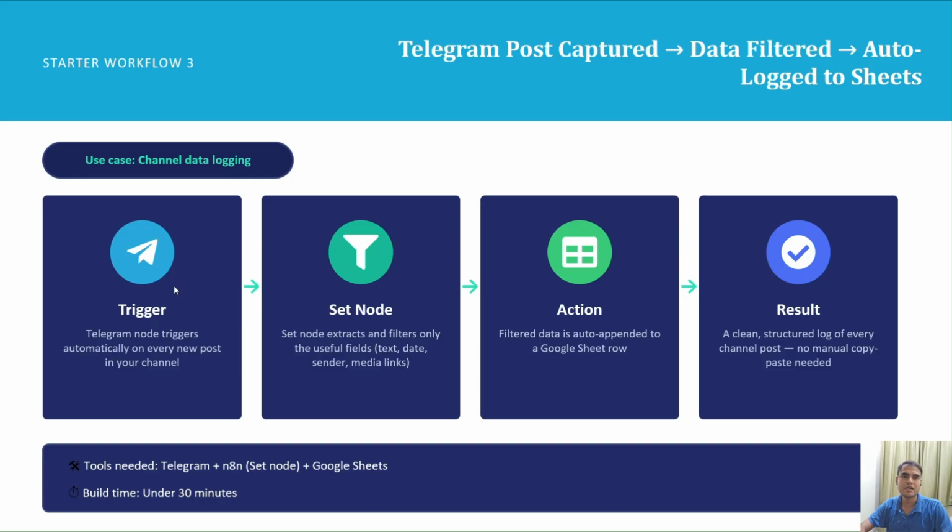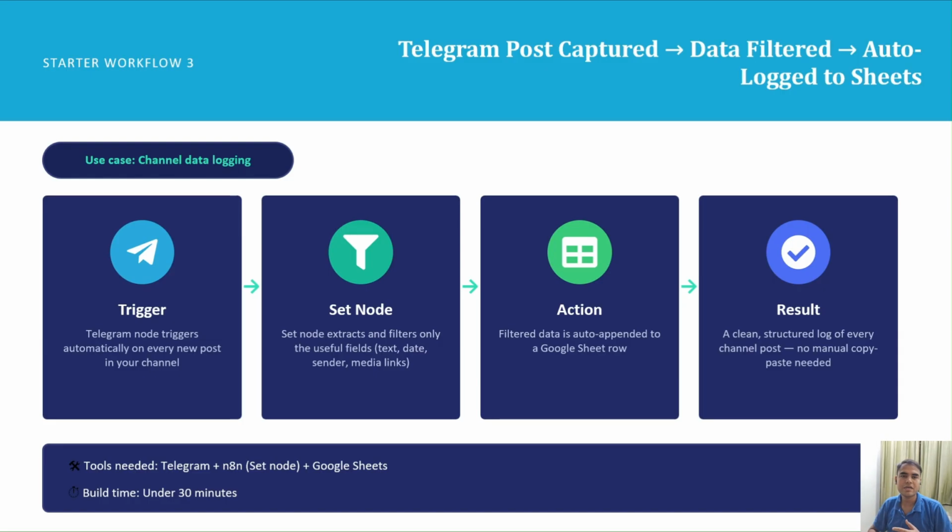It will contain specifically three nodes. First one will be the trigger. In my previous sessions I have told you two triggers till now. First one was the n8n form trigger, then the second one was the Gmail trigger. In the n8n form trigger, the workflow gets started when we fill up that form.